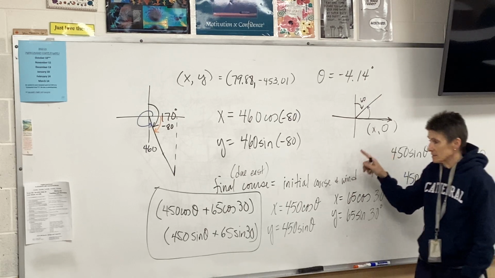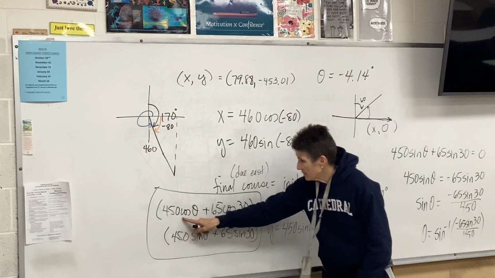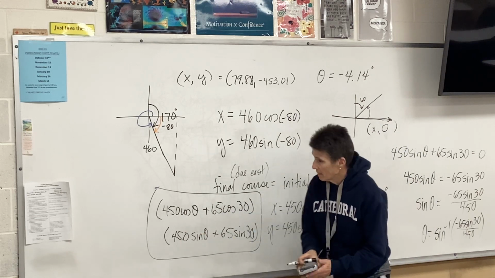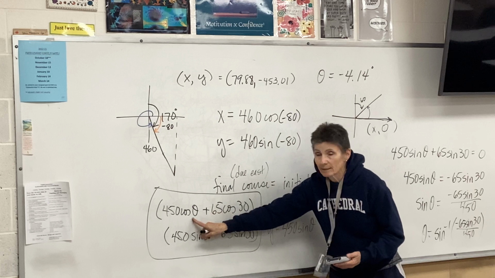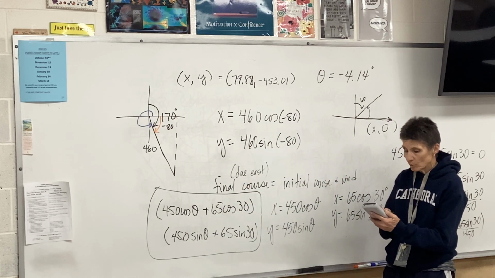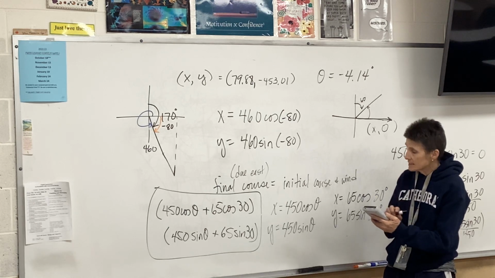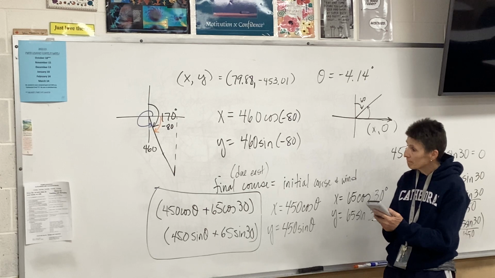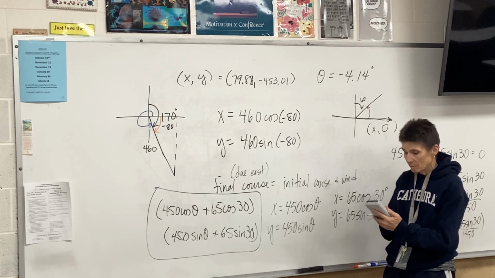How do I find her x? Right here. This is her x. So what am I going to do? I'm going to figure that out, putting in negative 4.14 right there. So 450 cosine, I'll just do inverse answer since it's right there, close parentheses, plus 65 cosine 30, there we go.